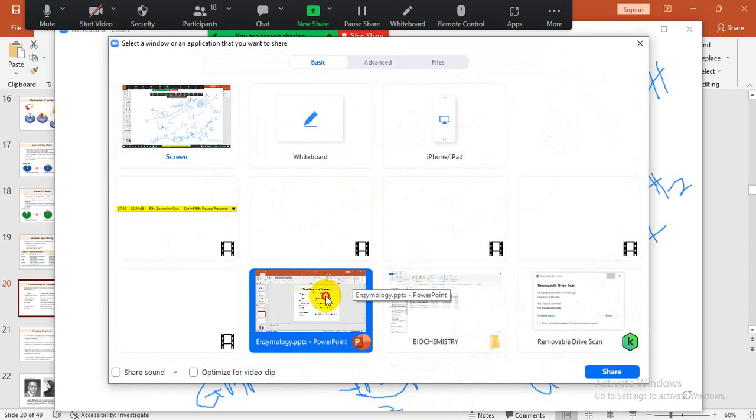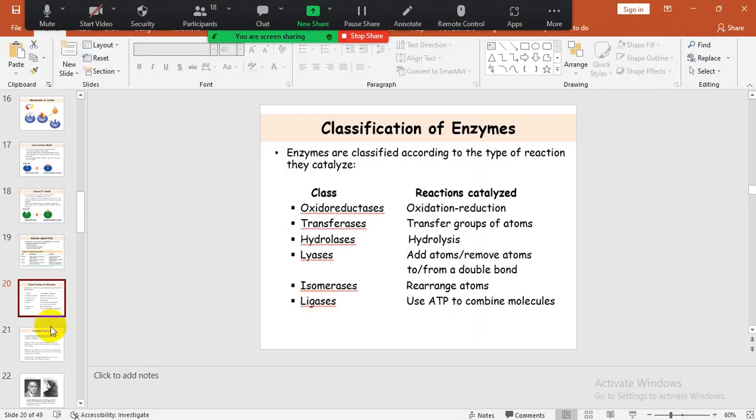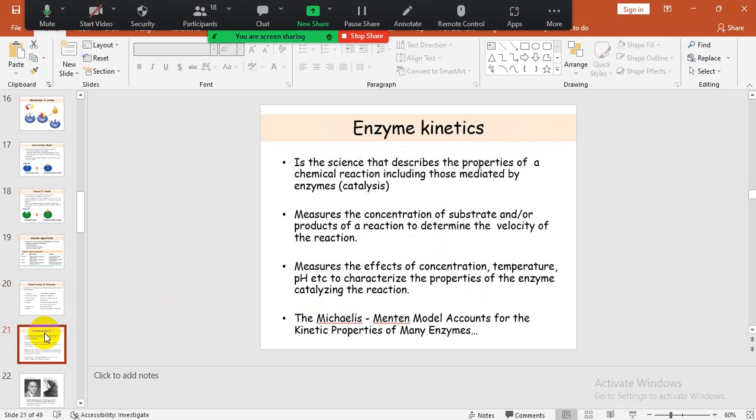Time is approaching, we have to do it fast then. So let's see. Enzyme kinetics is the science that describes the properties of chemical reactions, including those mediated by enzymes. Enzyme kinetics measures the concentration of substrates or products of a reaction to determine the velocity of the reaction.